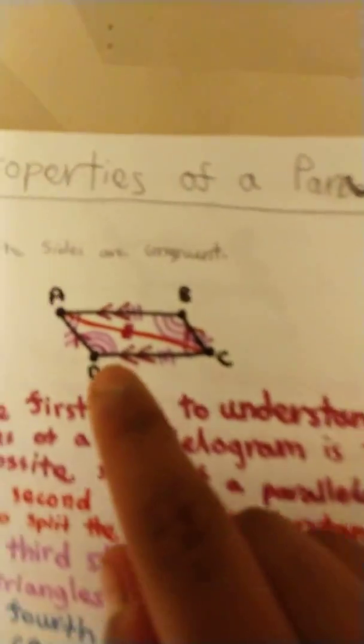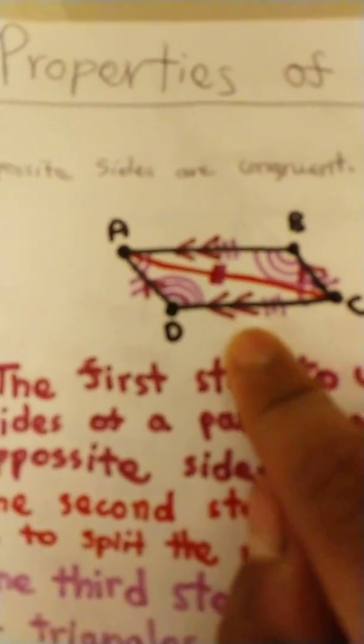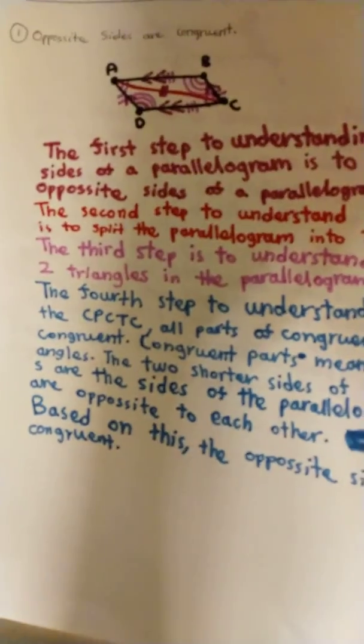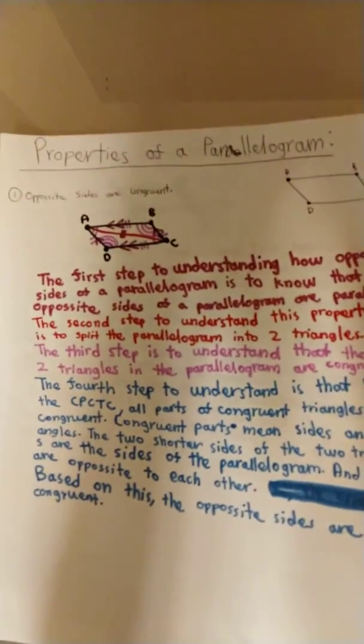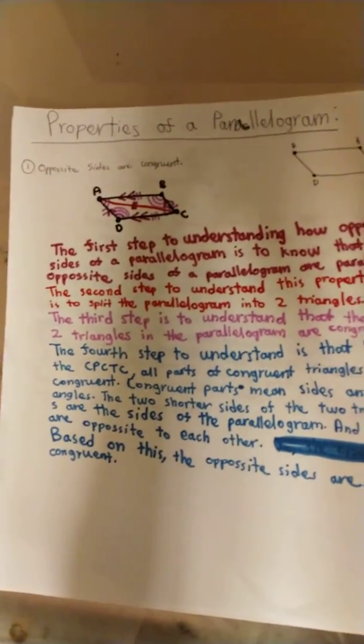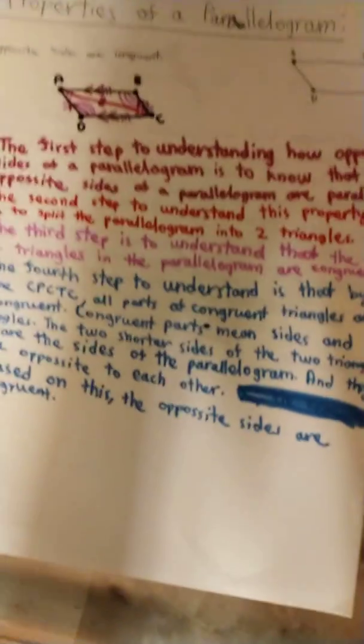Here I divided parallelogram ABCD into two triangles, ABC and ADC, using the line segment AC, which is the diagonal. The third step is to understand that the two triangles in the parallelogram are congruent.